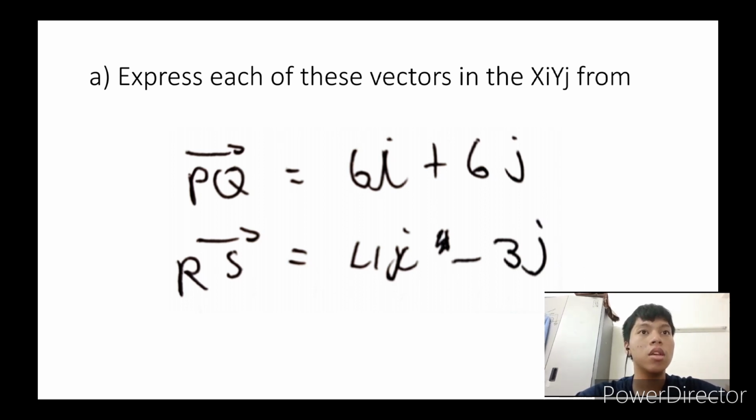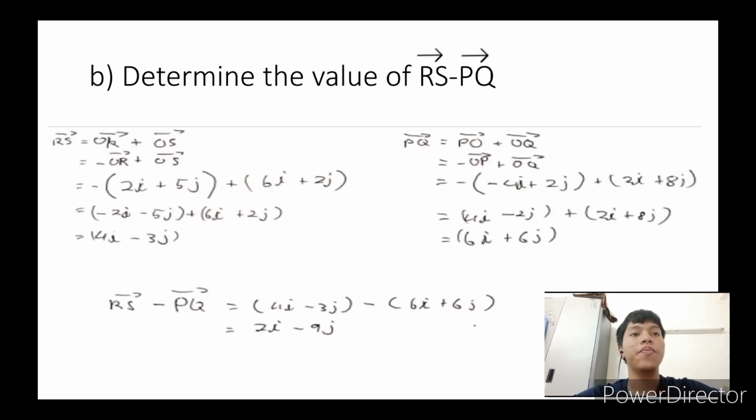Then we read, for example, from point to point, and we will get PQ equal to 6i plus 6j. Same as RS, turn it into a triangle and we will get 4i minus 3j. Next question.